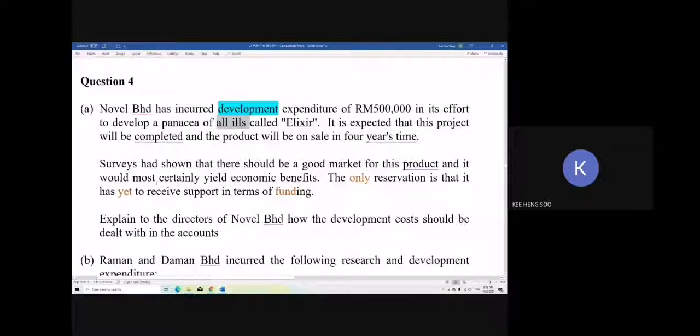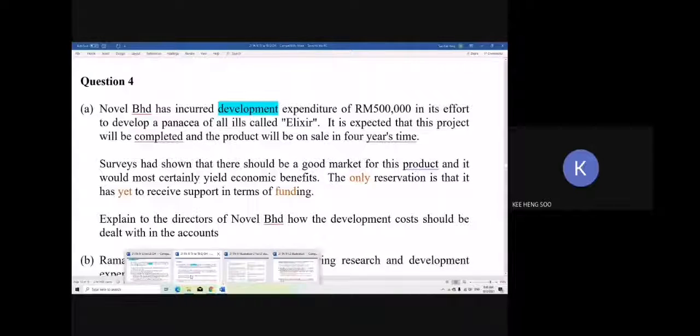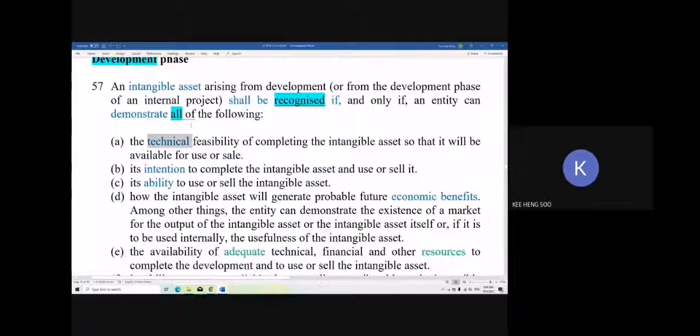You got running nose, you take vitamin C. You got cough, you drink the cough syrup. So now with this medicine called Elixir, it can cure all ills, all in one. So that's called technical feasibility. In terms of the technical level, the medicine is better, improved compared to the last time.